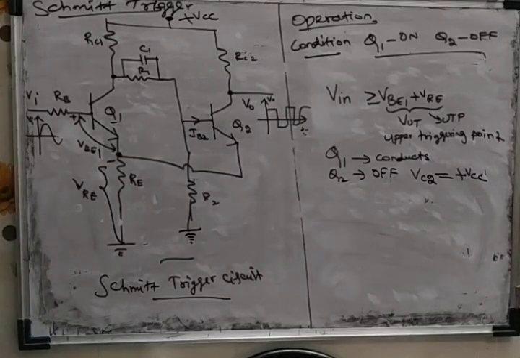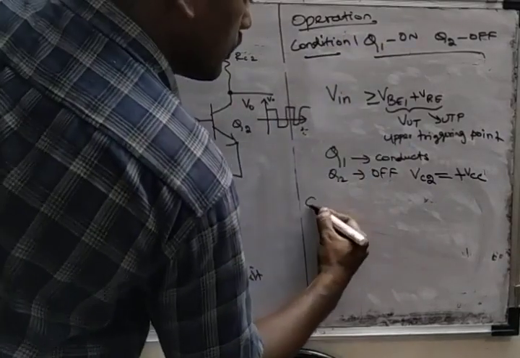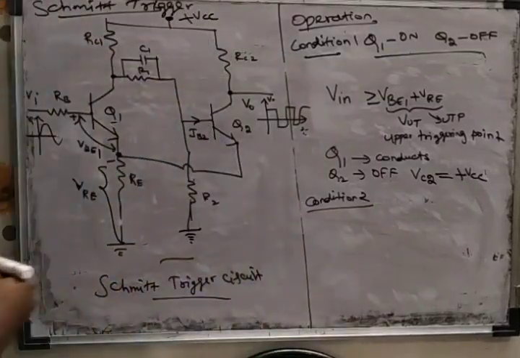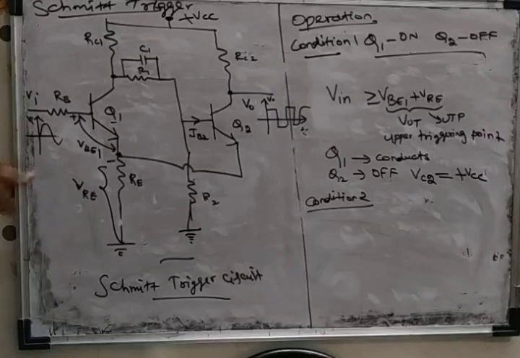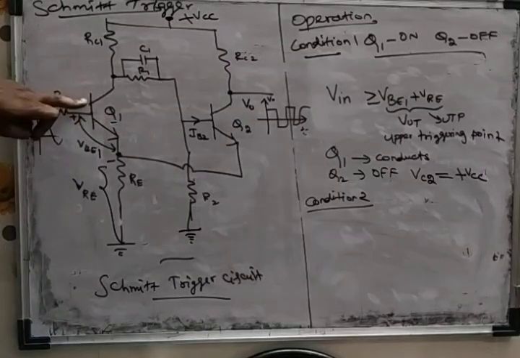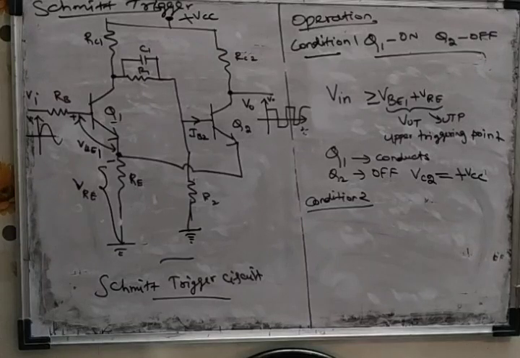VC2 is plus VCC. In condition 2, this transistor Q1 will continue to conduct till the input voltage crosses the lower triggering level.